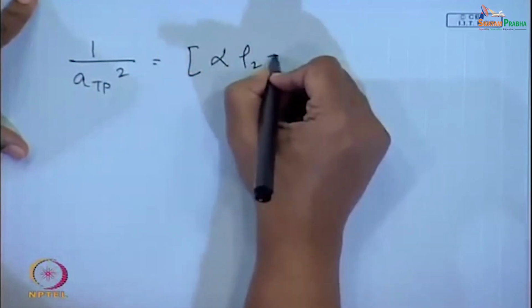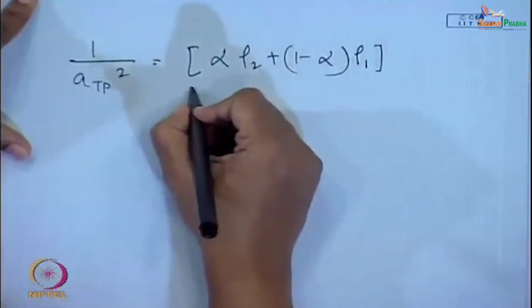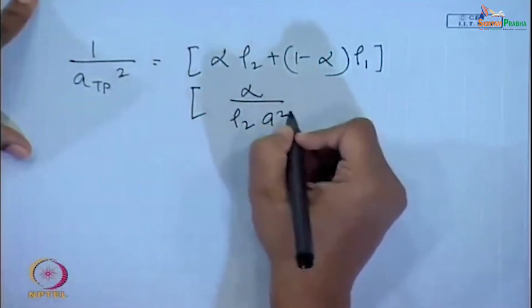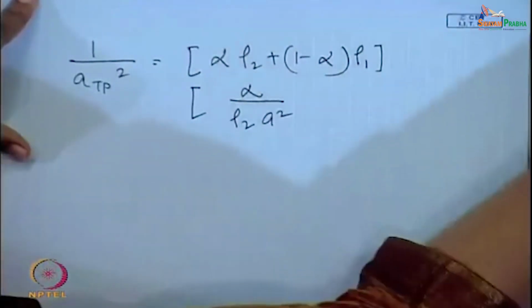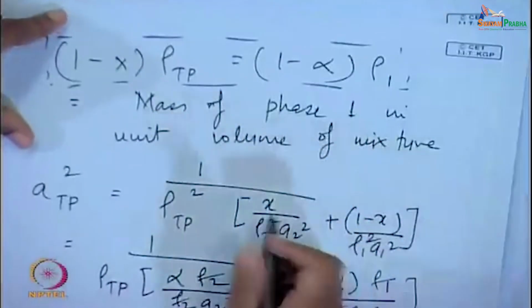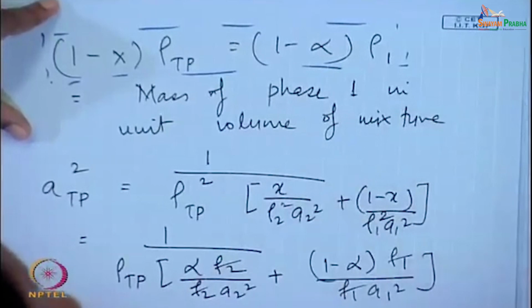that is, alpha rho 2 plus 1 minus alpha rho 1 into alpha by rho 2 A2 square. Sorry, there were squares here. Where is A, just a minute, there were squares here. Okay, so did I make any more mistakes anywhere? Let me see.